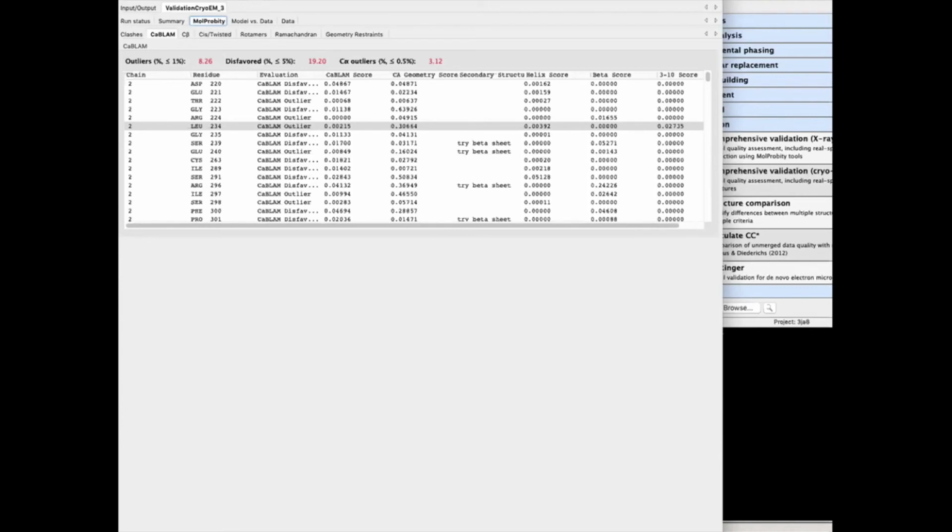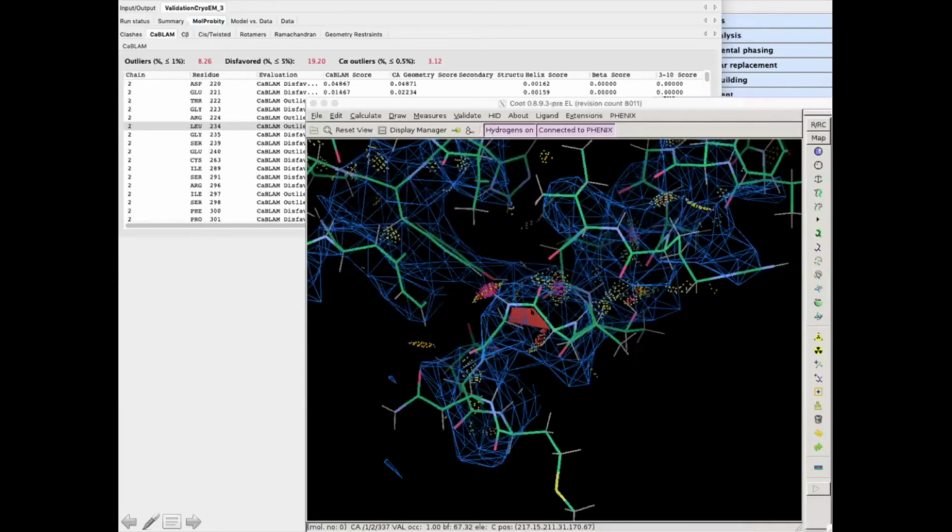And if you pull it up in Coot, this one happens to also have a cis-non-pro peptide, but as I say, Coot doesn't show the validation markup yet. Hope that happens soon.